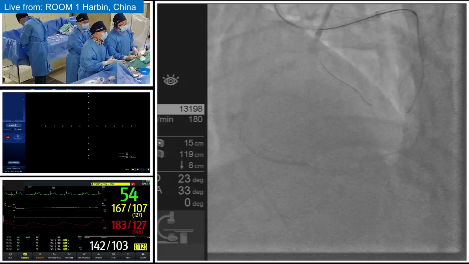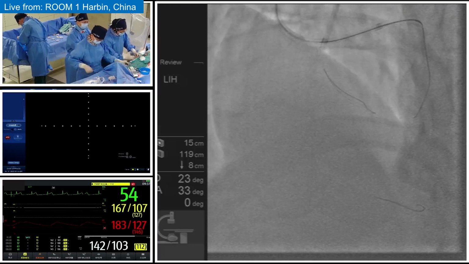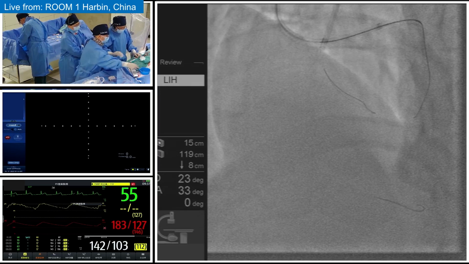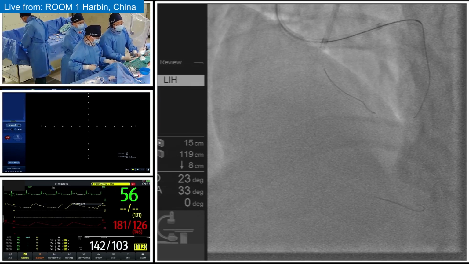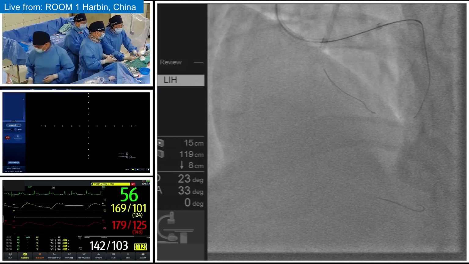And if we perform these ADR techniques in the relatively mid or distal part of the LAD, we are taking the risk of losing two or even more relatively big side branches, which is not good for the prognosis of the patient.